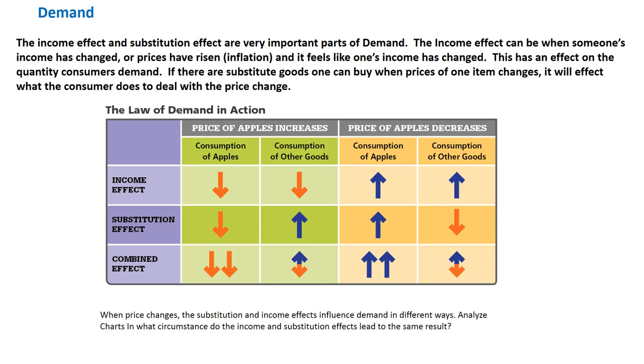And you'll see an increase in consumption of those other goods. And the same thing when the price of an apple decreases, you'll see more consumption of apples, but also of other goods, because now you can afford the other goods even though you're buying apples, because of how much money you're saving, perhaps. So you can study this chart and see that these two effects feed into this idea of demand.